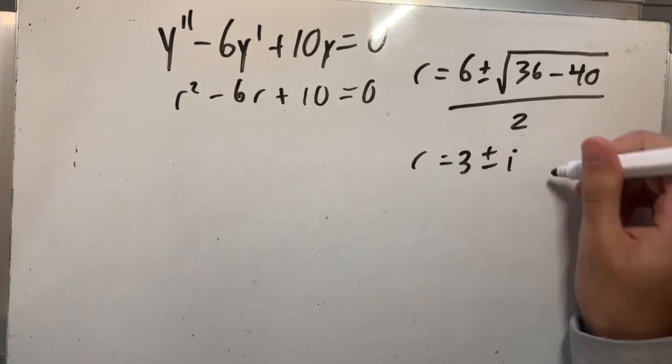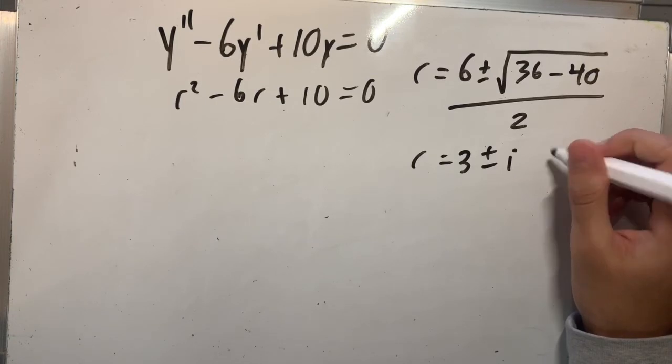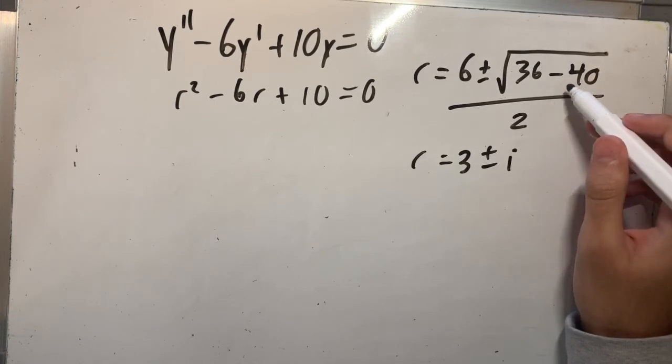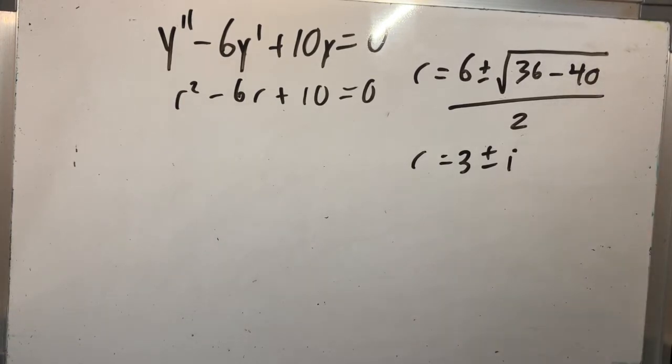So we know that the discriminant is less than 0. Therefore, we'll have two complex conjugate roots.